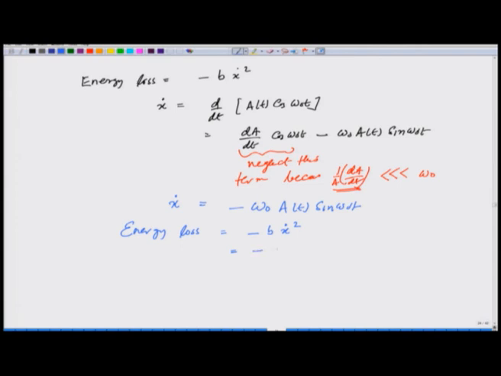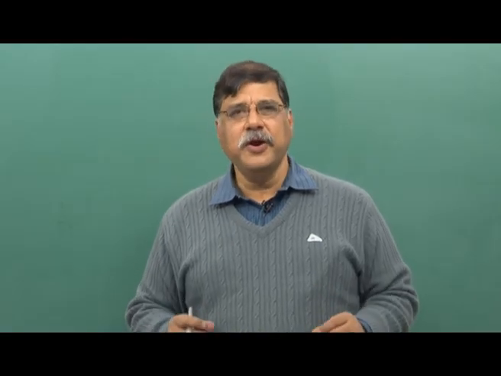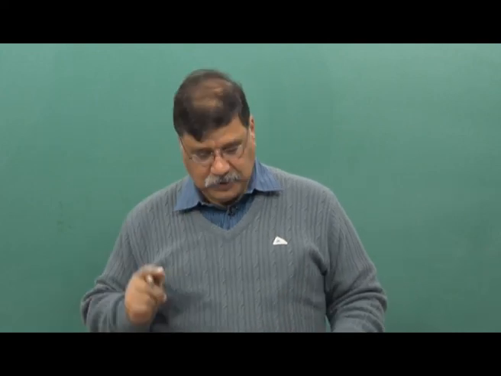B is nothing but gamma m, so this is minus gamma m x dot square, which is omega 0 square A t square sine square omega 0 t. Now, I said that for a few oscillations A t does not really change. So, when I talk about energy loss, there is no point talking about energy loss as a function of every time during an oscillation.